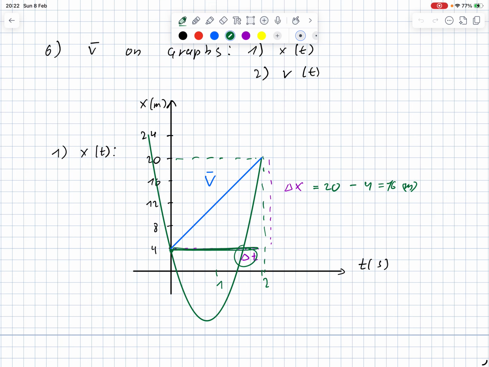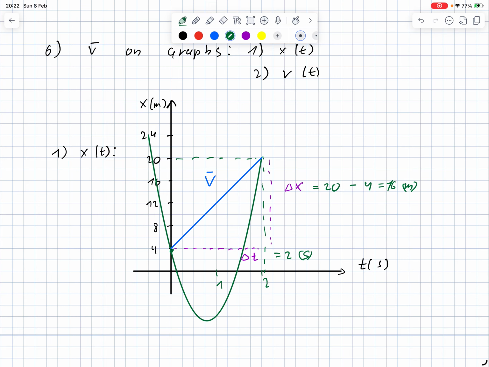Okay, delta t equals 2 seconds, and if you want to calculate the slope, which in this case is average velocity, it will give you the value of 10 meters per second.